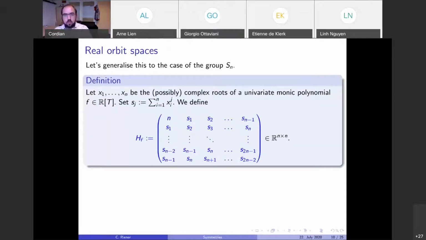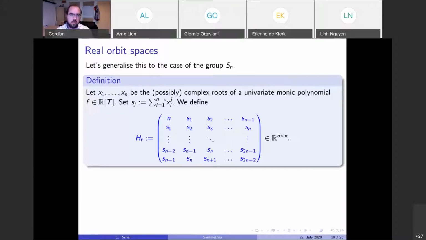All that we need for that is the following tool, which I call H of f. Some people say H for Hermite. It's a matrix. We start with the possibly complex roots x1 to xn of a monic univariate polynomial f, and I set Sj to be the sum of the j-th powers of these roots.